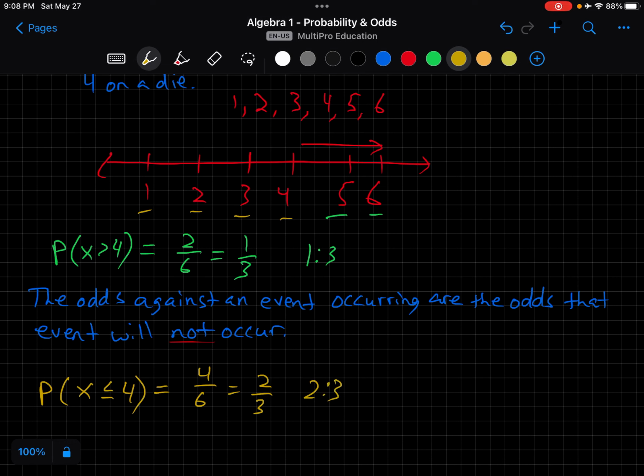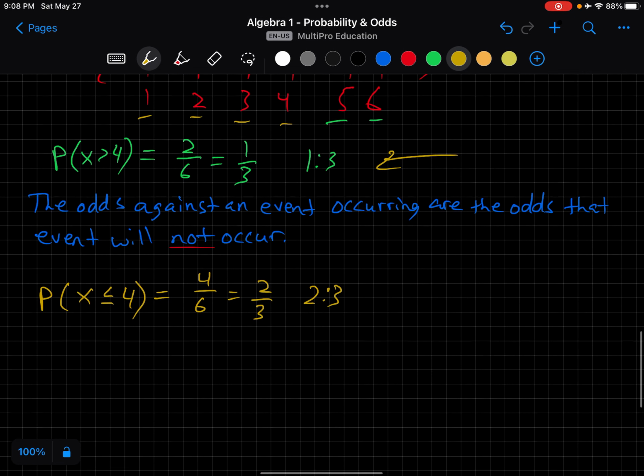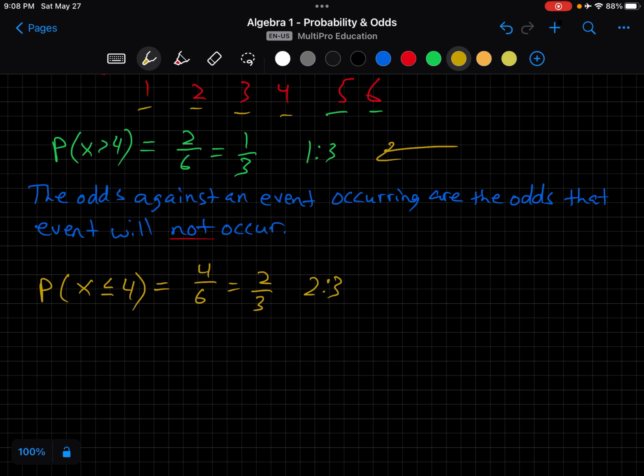Now let's look at another way of doing this. We could take this information up here and find the answer. So if there's only 2 ways that this can occur, either greater than 4 or less than or equal to 4, then the probability of x less than or equal to 4 would be equal to 1 minus the probability of x greater than 4.